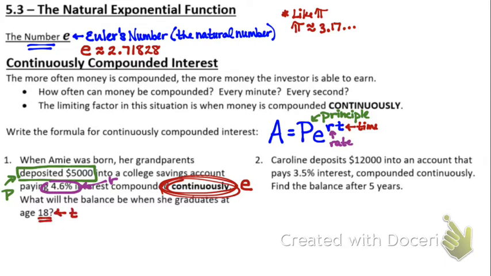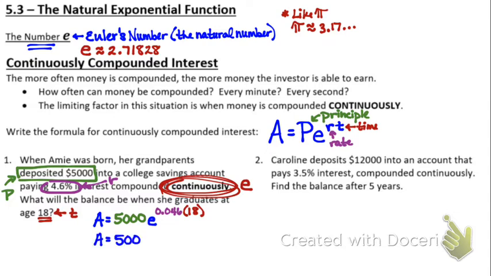So there's our time. So A equals our starting amount, principal of 5,000, times the natural number e raised to the power of 0.046 multiplied by our time, 18. From here, we just take it and pop it into our calculator. If you want, you can multiply the exponent parts together.